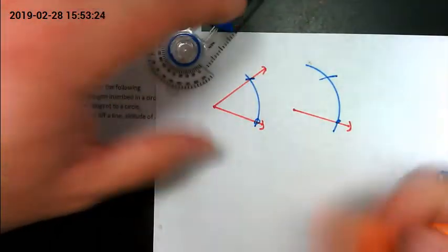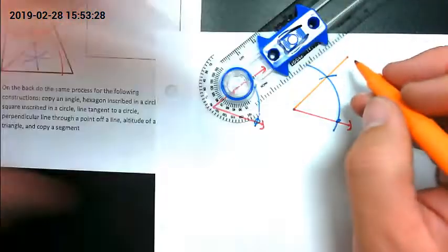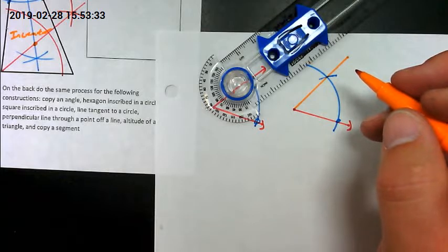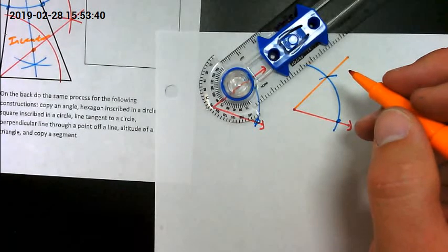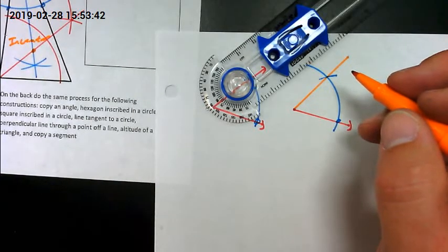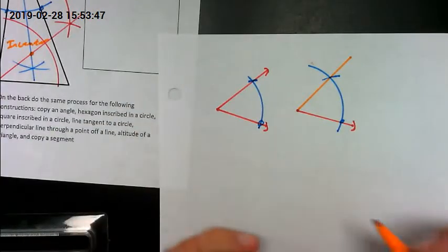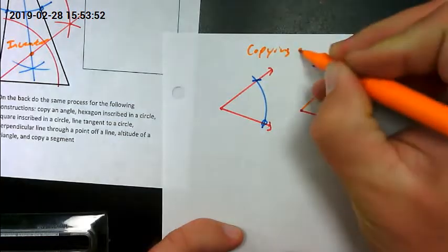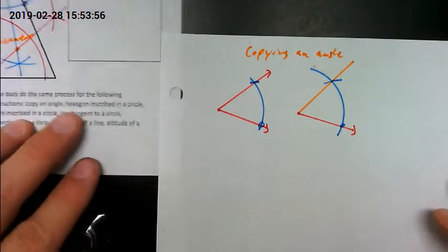Wherever it intersects, that should be the other line or ray for my angle. All right, so once you have copied an angle, then we go to the next one, hexagon inscribed in a circle.